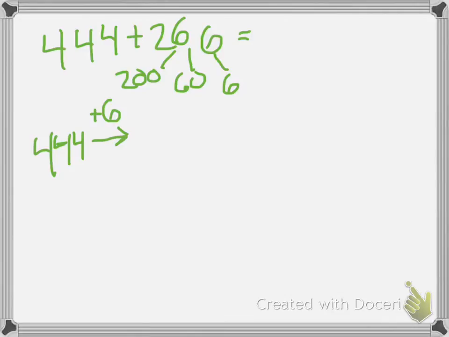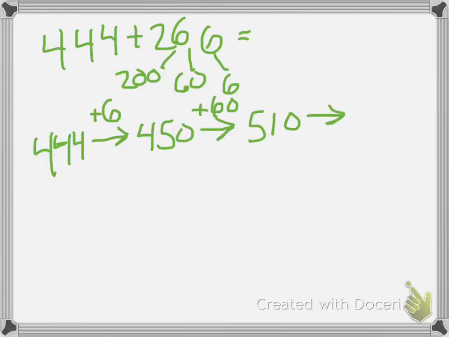So 444 plus 6 equals 450 plus 60 equals 510 plus 200 equals 710.